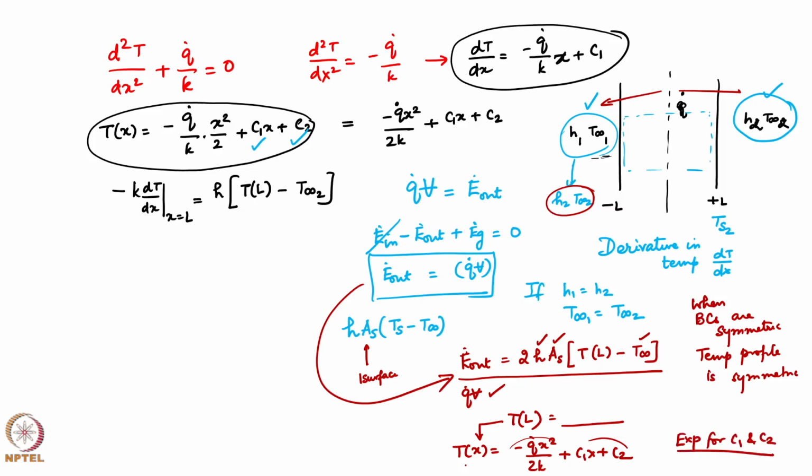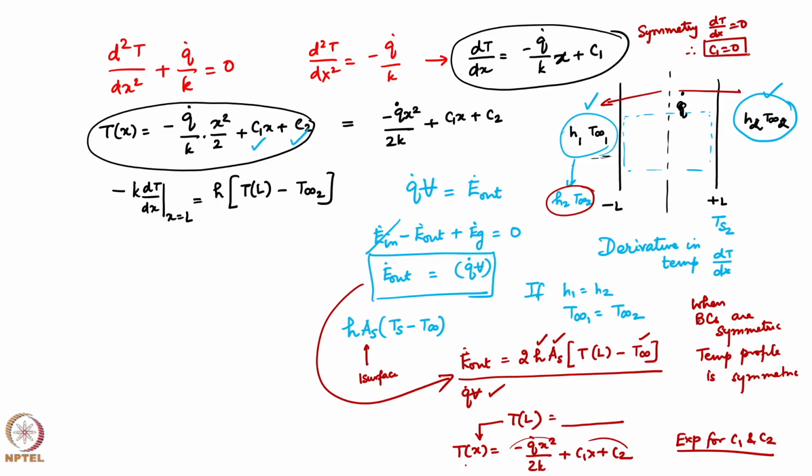Other would be the derivative boundary condition. You have symmetry boundary condition or whatever, dT by dx is equal to 0 at the center line, which would make C1 equal to 0. So, symmetry, dT by dx equal to 0, therefore, C1 will become equal to 0.